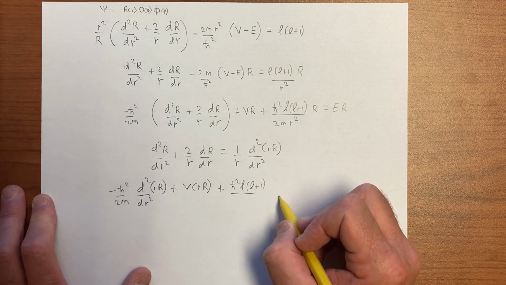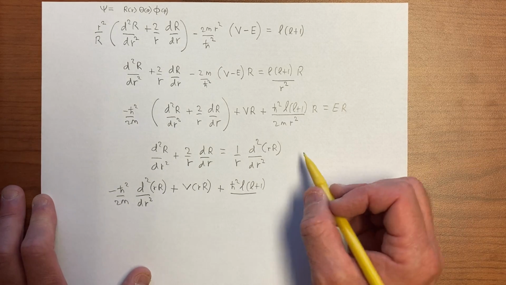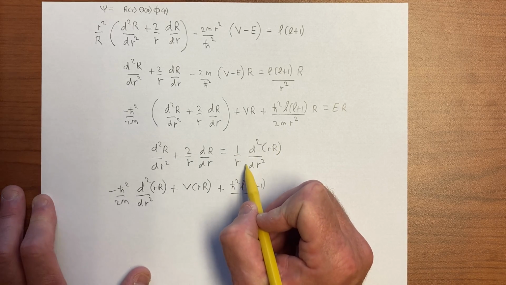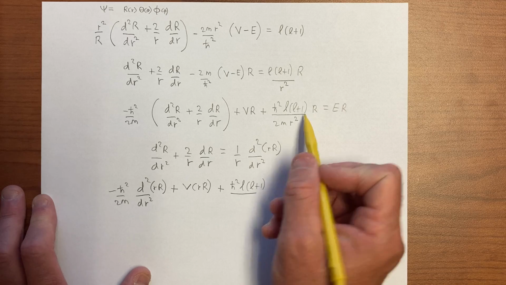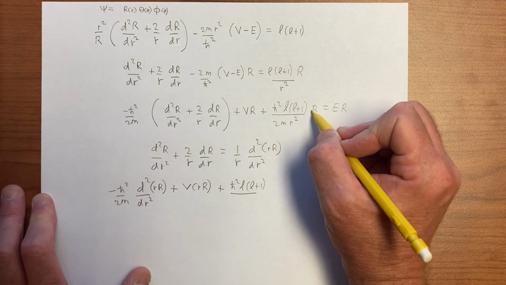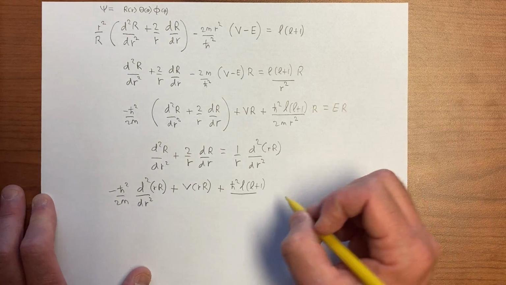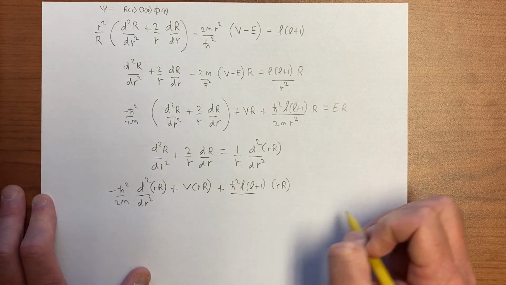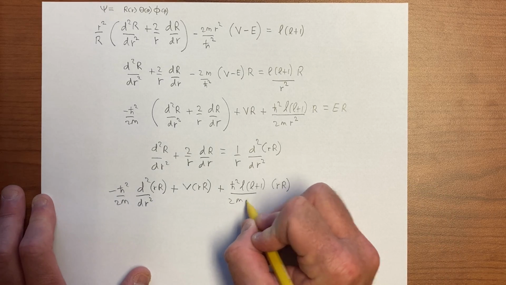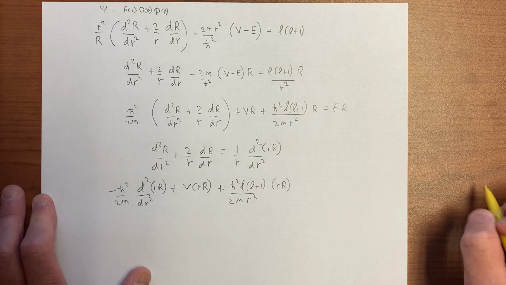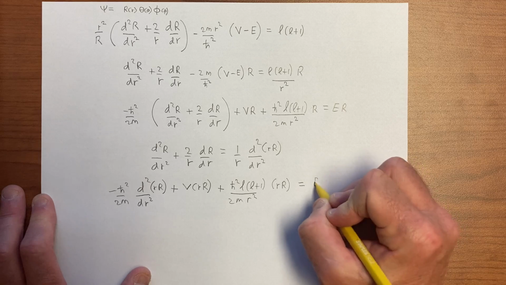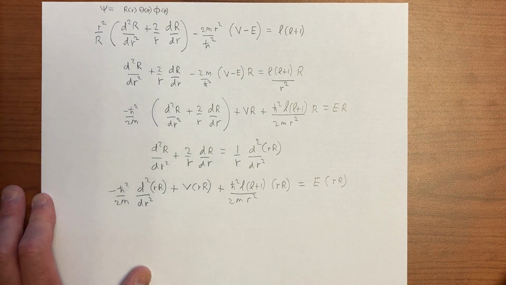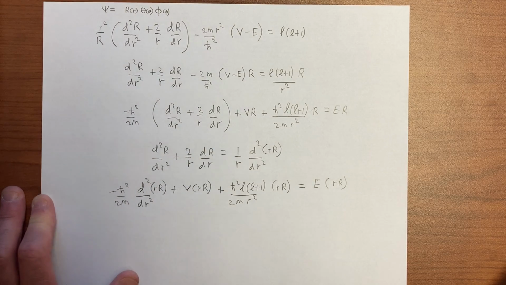We'll end up with a factor of, well, multiplying by r here, but I want to put that into that form, so I'll keep the r squared there. And that is E times this factor. Okay, so now we have an equation for this function.